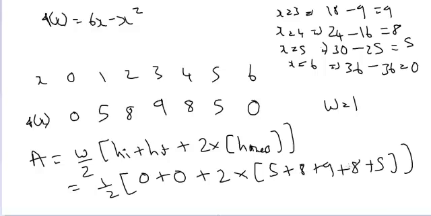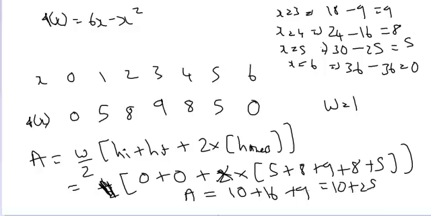So now we just need to add that up. Well, I have a half and I have a multiplied by 2, so actually these cancel. So I just need to add these up. So the area is equal to, well, 5 plus 5 is 10, 8 plus 8 is 16, plus 9, 9 plus 16 is 25, so that's 10 plus 25, and that's equal to 35.